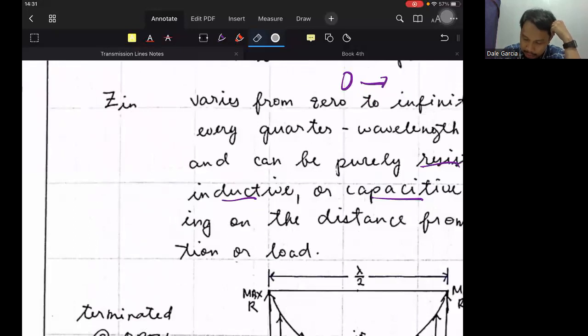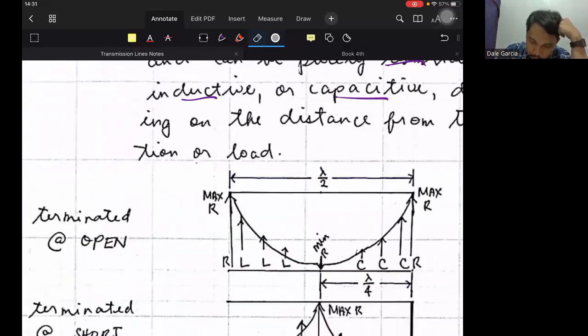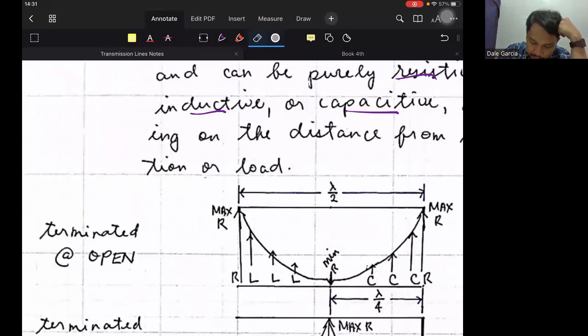So where is this measured here, no? So the input impedance, just like the input impedance of any device that we previously discussed, is measured from here, no? Sa input na side. Okay.